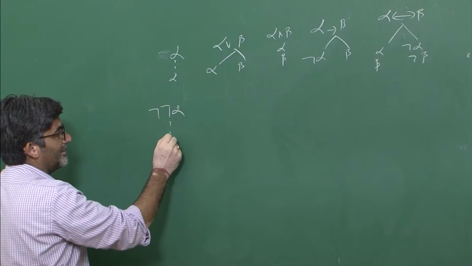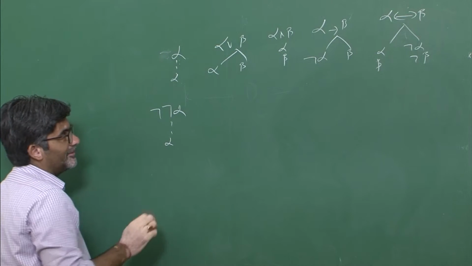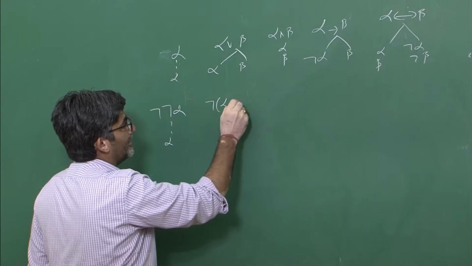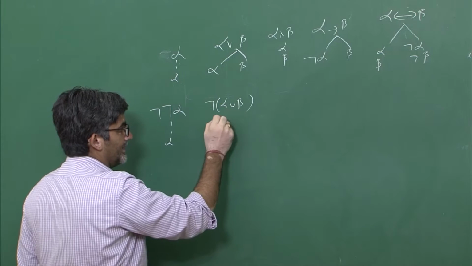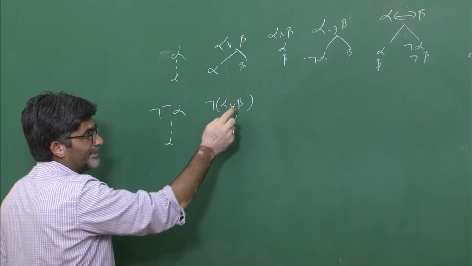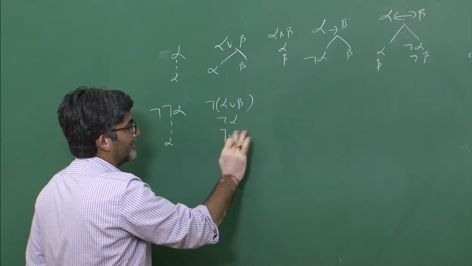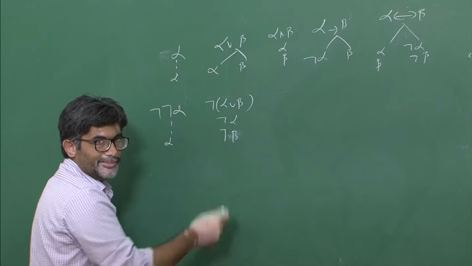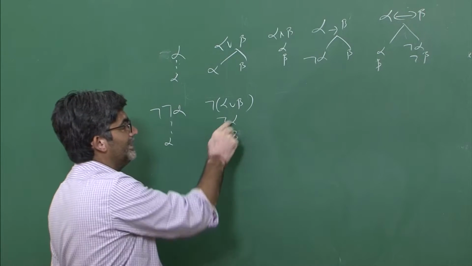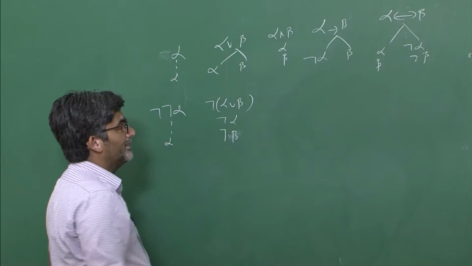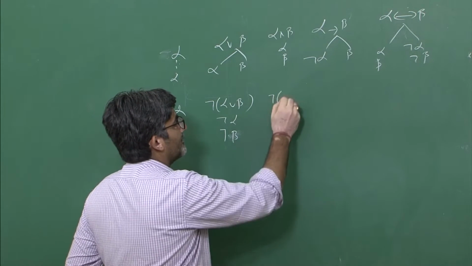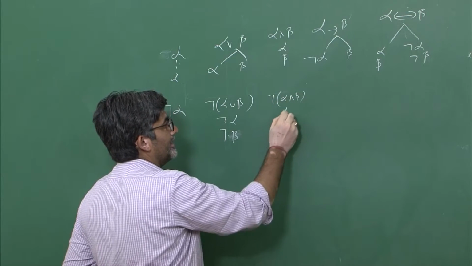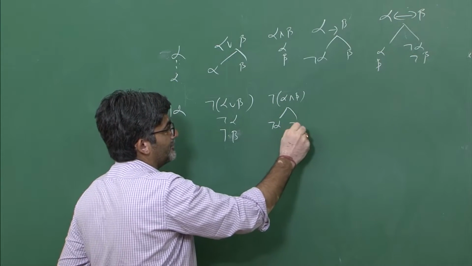Negation of negation of alpha, you substitute it as just alpha, and negation of alpha or beta is a conjunction. Negation of disjunction is conjunction, and you need to write like this: negation of alpha followed by negation of beta. What it means is that both have to be true, so that this is going to be true. And negation of alpha and beta is a branch which consists of these formulas.